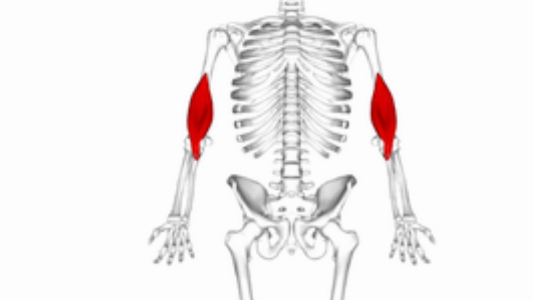Extends from the lower half of the humerus to the upper part of the ulna. Function: primary elbow flexor, flexes the forearm at the elbow joint. Unlike the biceps, it acts only on the elbow joint. It flexes the forearm in all positions of forearm rotation.